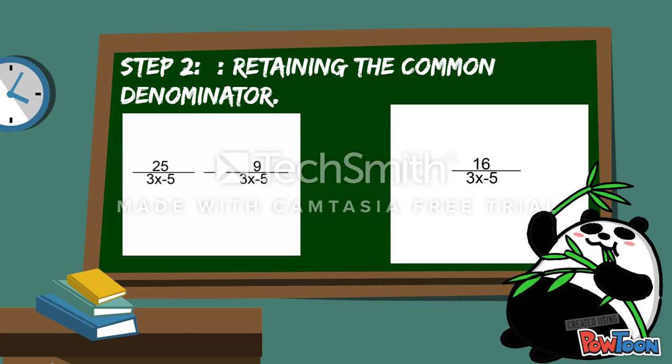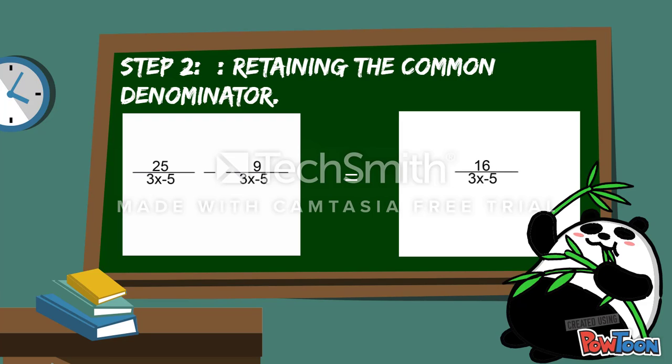Then we move on to the next step, which is retaining the common denominator. As you can see, both of these rational expressions have the same denominator, so we'd have to write them as one. We'd have 3x minus 5 as the denominator of the difference. So if we combine the numerator and the denominator, we'd have the answer 16 over 3x minus 5.